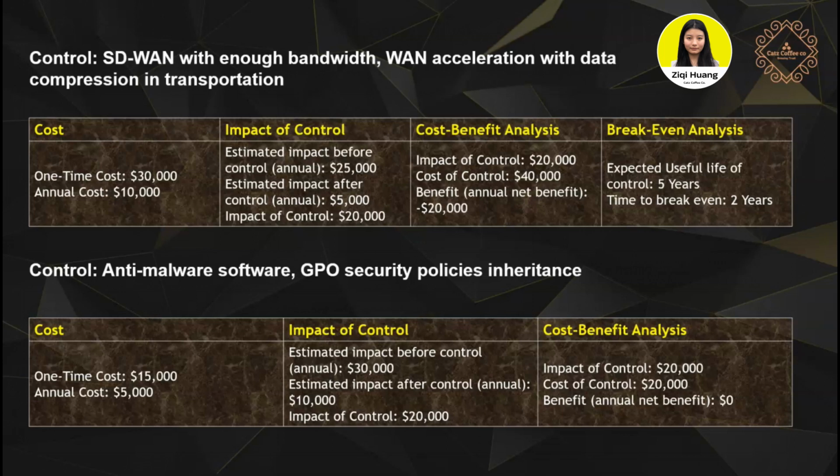In the data compression, you can see that the one-time cost is $30,000 with an annual cost of $10,000, which is resulting in a positive net annual benefit. But like we said, it's only 2 years to the break-even point, so it is a benefit in the long term.